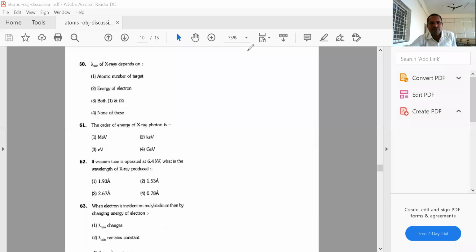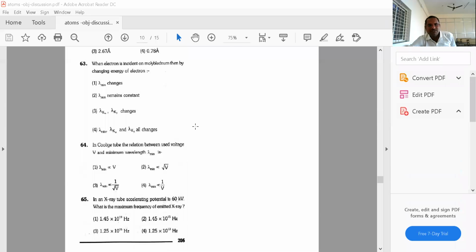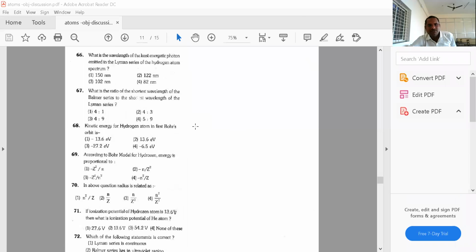Next, question number 63. What have they given? When an electron is incident on molybdenum, then by changing the energy of the electron, lambda minimum changes.